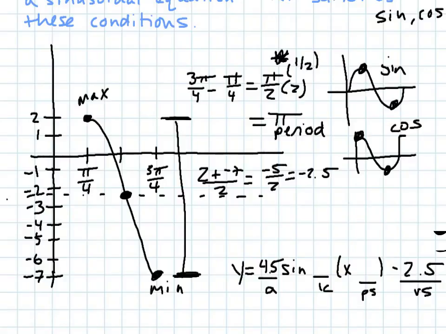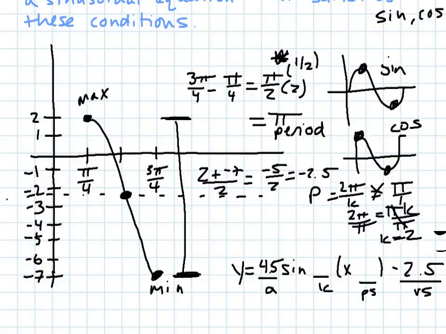We already know what our period is, so remember that for sine and cosine, your period is equal to 2 pi over k. So if our period is pi in this case, then I can cross multiply and then solve for k. That gives me a value of 2 for my k.